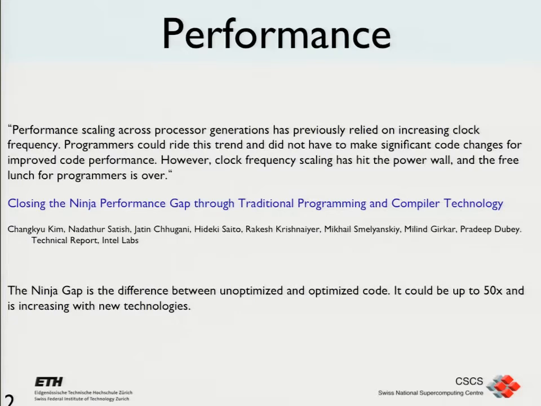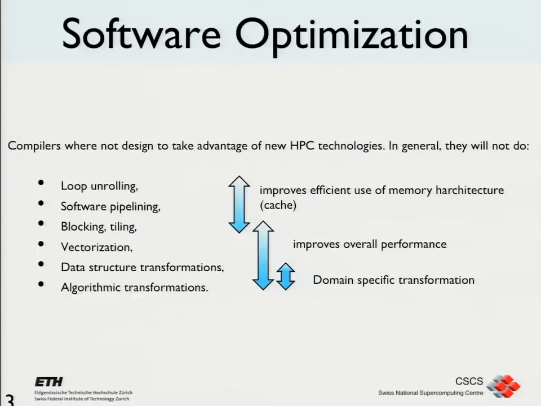So now they claim that the free lunch for programmers is over. So this means that there will be an increasing gap between an unoptimized code and an optimized code. And as you can see, they claim that it's going to be up to 50 times now, and this gap is increasing. So we are going to try to close this gap.